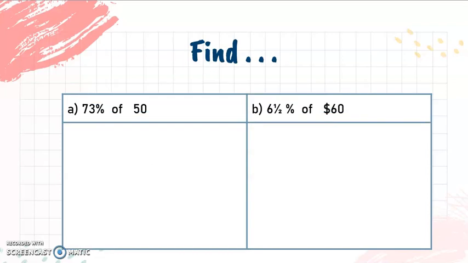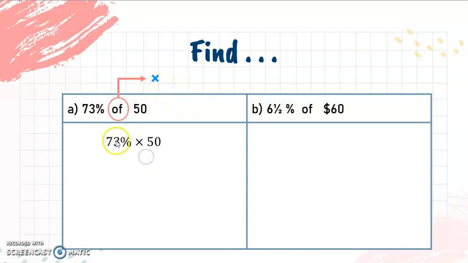So next, find the value of 73% of 50. For B, 6.5% of $60. In this case, how do you find the value of each of these numbers? We know that of means to multiply.